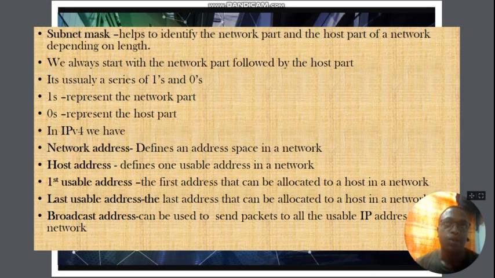for example, if you had 192.168.1.0, your first usable address would be 192.168.1.1. That is your first usable address. That is if you have a prefix of 24. And the last usable address is the last address that can be allocated to a host in a network.